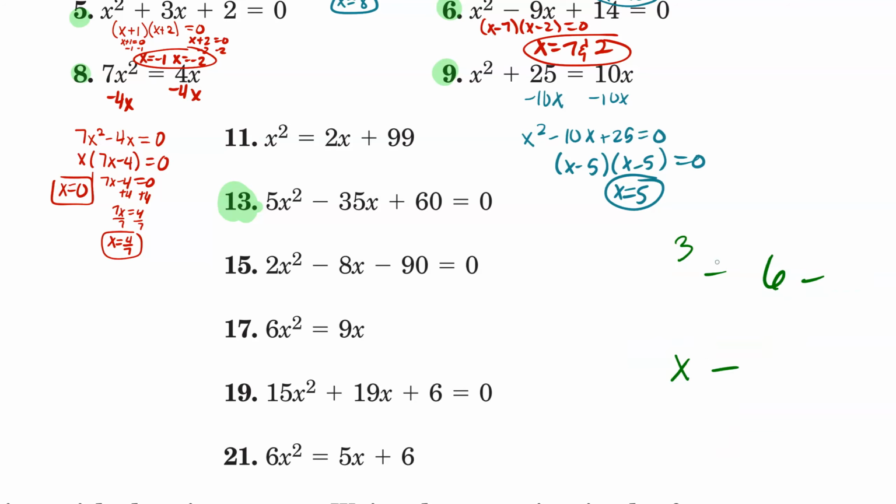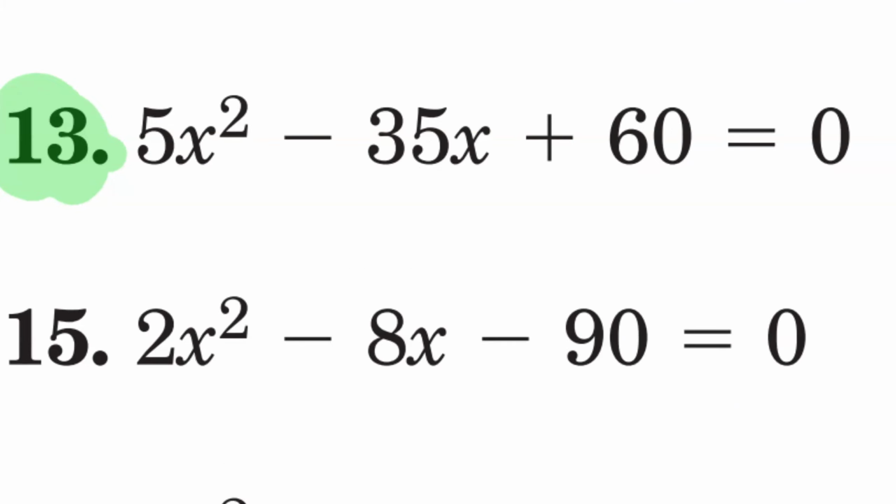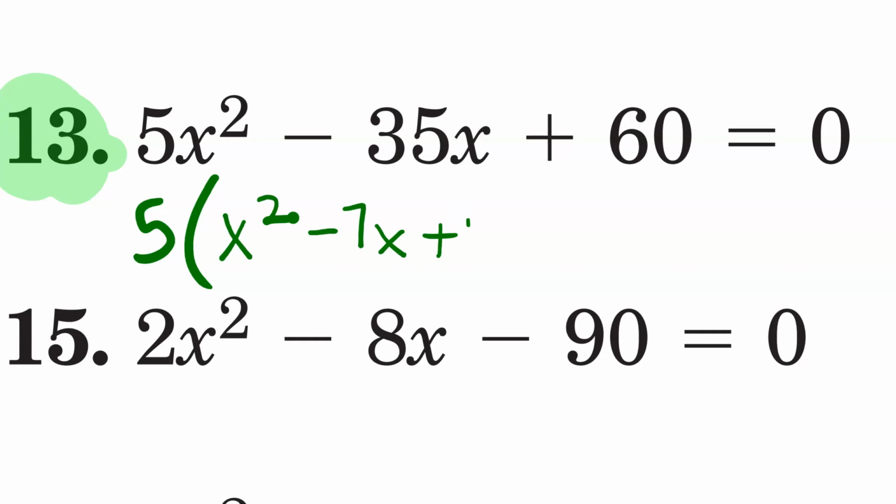Okay, so number 13, what's the first thing we should do? Everything's on the same side, so we should check if it has a greatest common factor, which it does. It has 5. And now we don't have to worry about a coefficient other than 1 because the 5 is no longer there. So what adds to negative 7 and multiplies to 12?